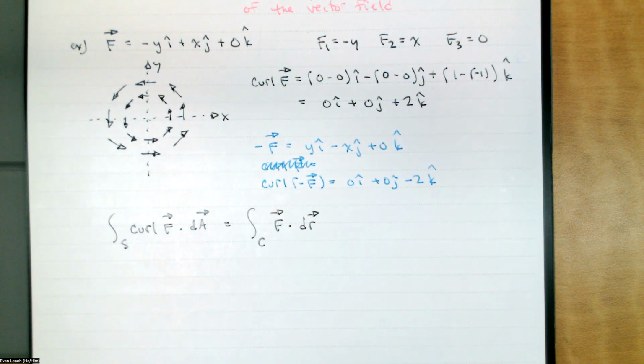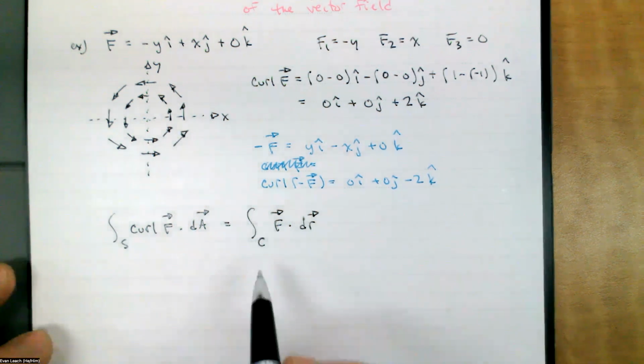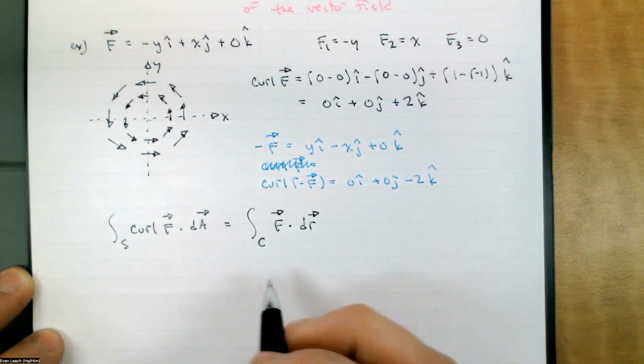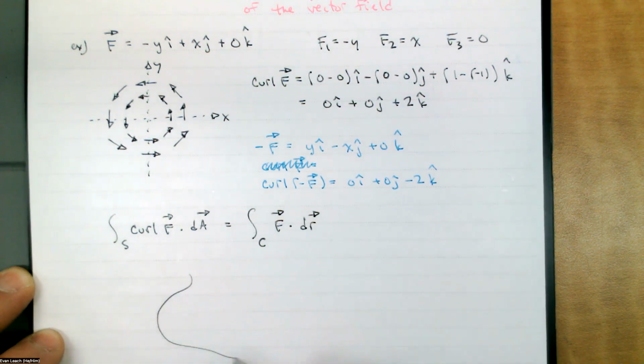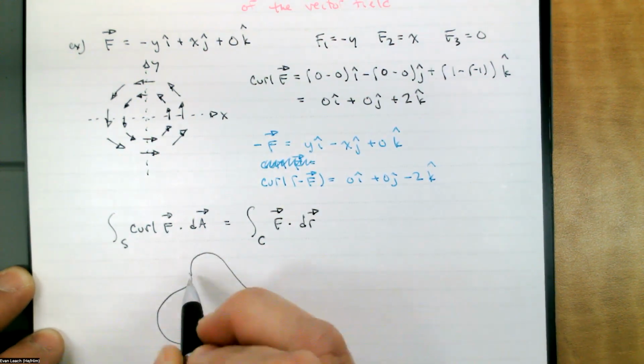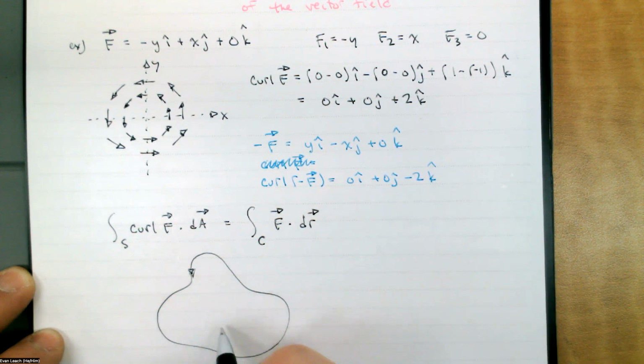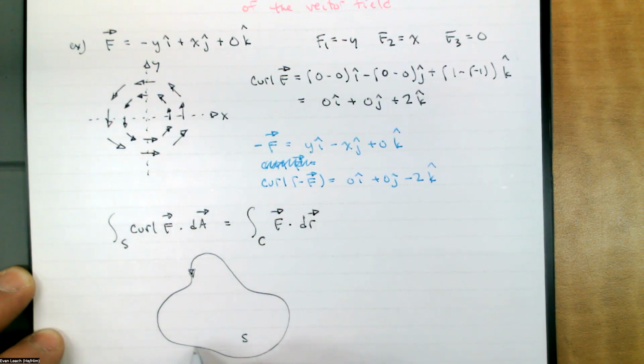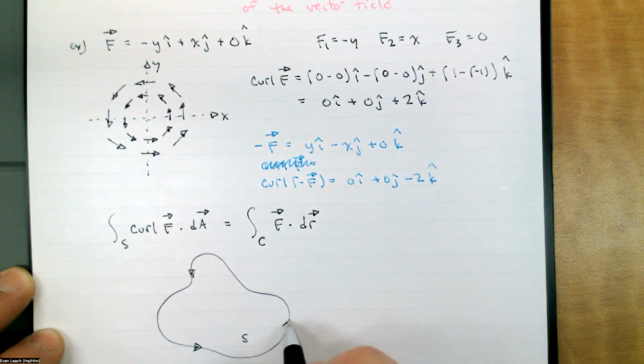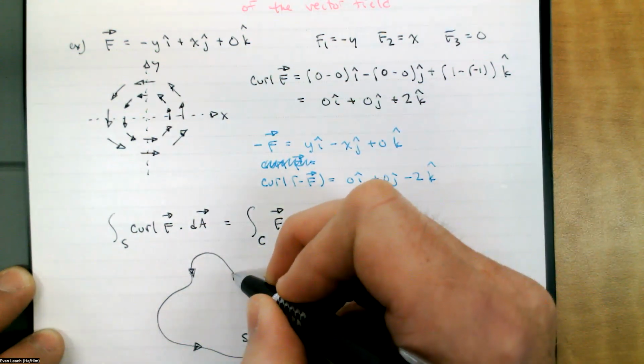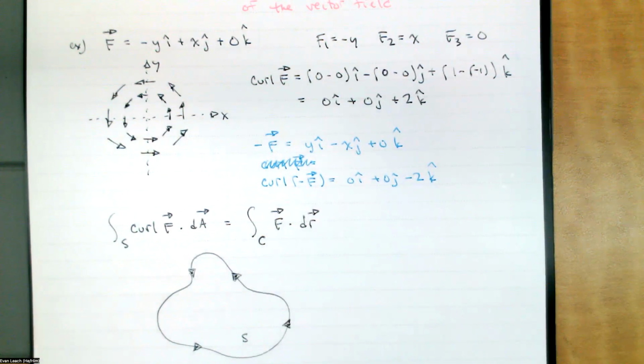Remember that the boundary of the surface, the curve C, is oriented such that the surface is on the left as we travel around the boundary. That is, C is counterclockwise. So we've got C keeping the surface on our left. It's not round, but counterclockwise is our positive direction.